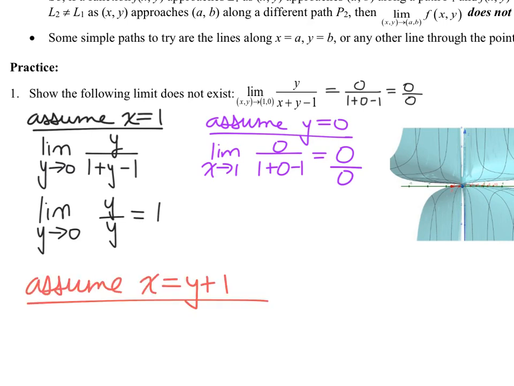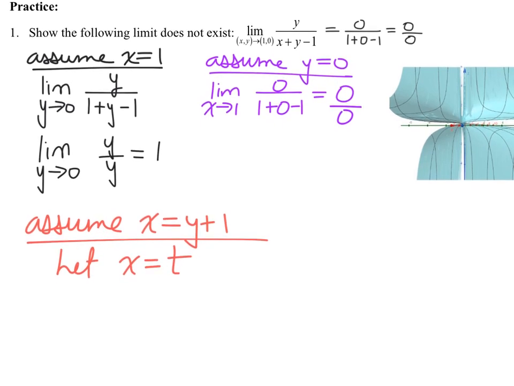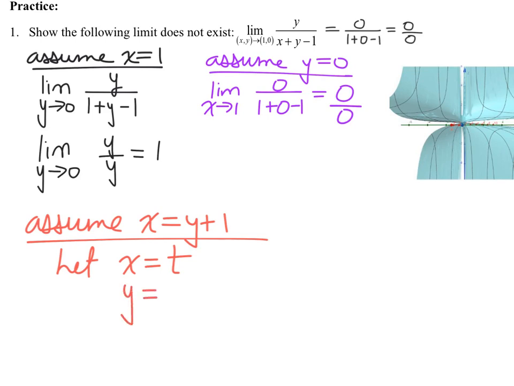All right. The idea is what I'm going to, based on the substitution of t, is I'm going to try to get this down into a single variable. Instead of being in terms of x's and y's, I'm just going to make it in terms of t. All right. So if I do this, I'm letting x equal t, and if that's the case, then y would be equal to t minus 1.